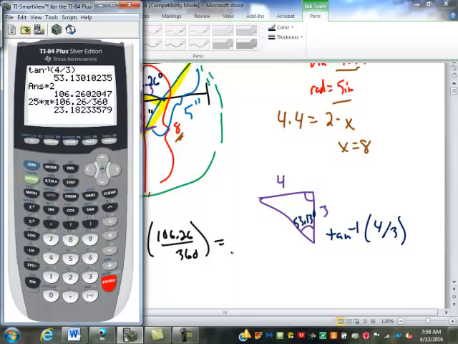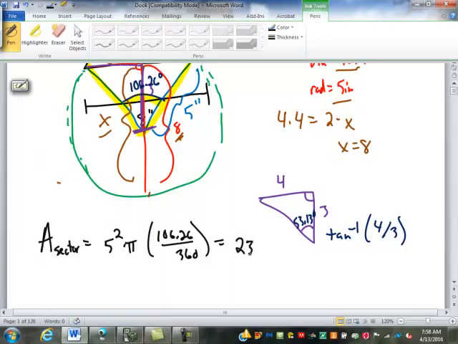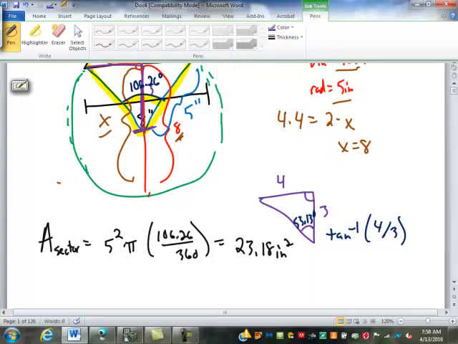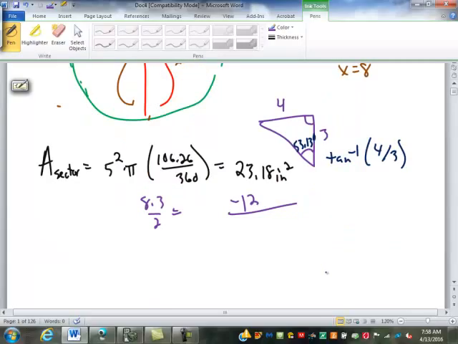We're going to just go 23.18 square inches. That's the whole sector. Now from that, we're going to subtract the triangle. That's 8 units across and 3 units tall. So 8 by 3 divided by 2 is going to be 12 units. So the segment is 11.18 square inches.